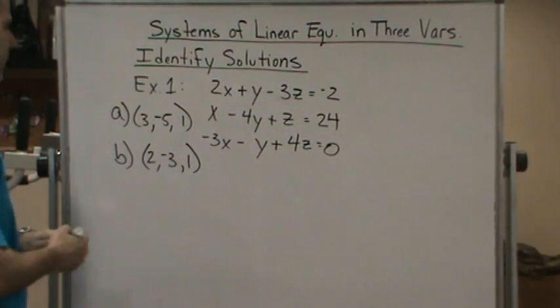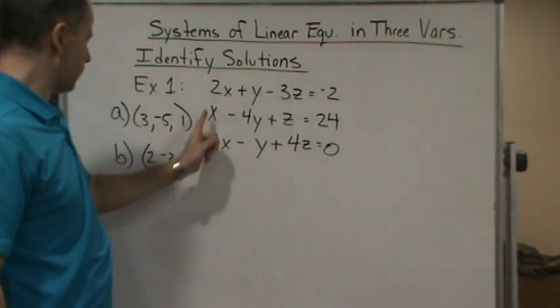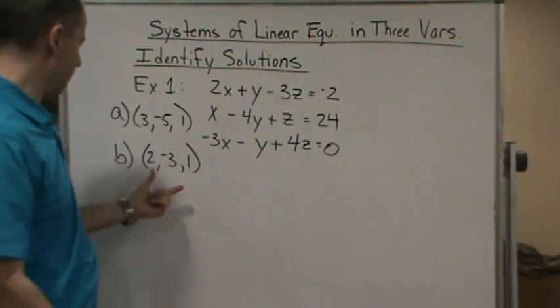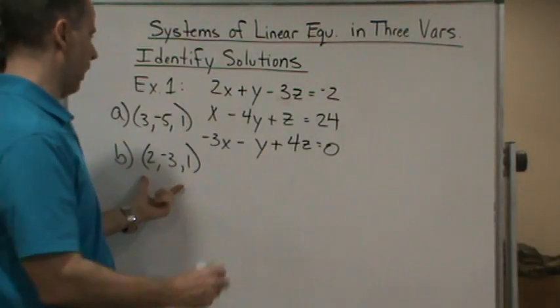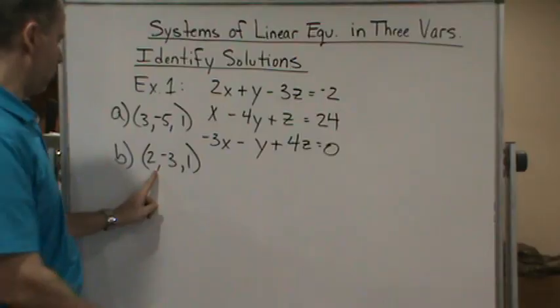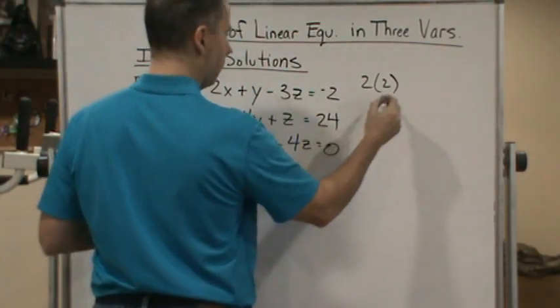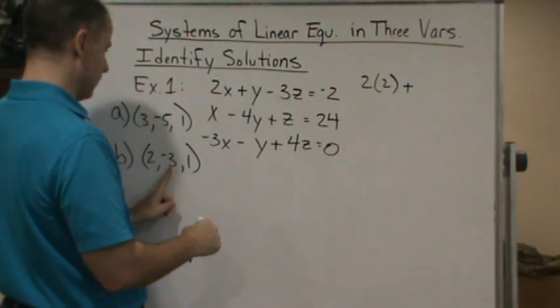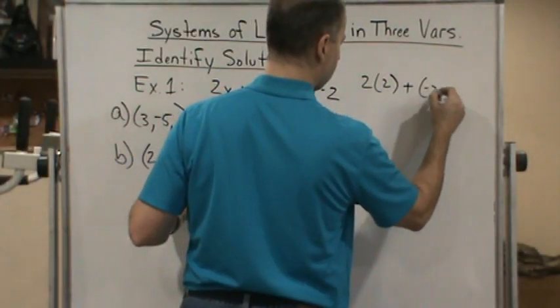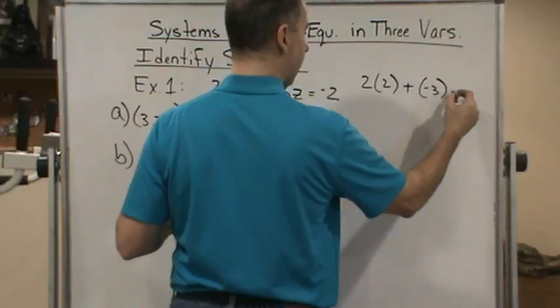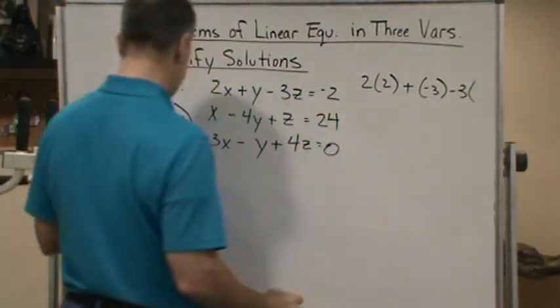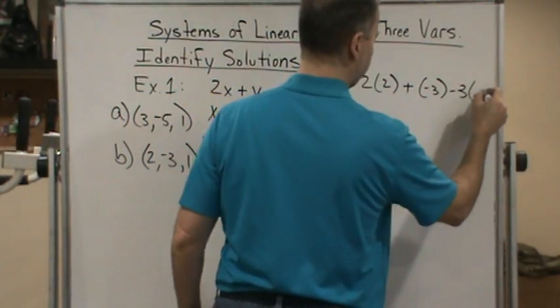Okay, now let's try part B with the other ordered triple. We're going to do the same thing. We'll plug these values into the first equation and see what happens, and then go on to each one. So now we're going to plug 2 into x. That'll give us 2 times 2 plus y, which is negative 3, and then minus 3 times z, which is 1.